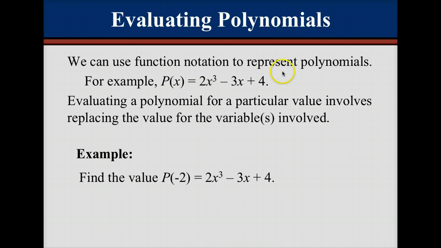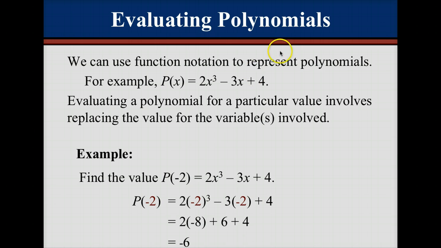So if we're going to evaluate this function for negative 2, we're going to find p of negative 2. That means wherever there's an x, we're going to substitute in a negative 2. We're not going to do anything with this other than it shows us what we're evaluating for. So this function evaluated for negative 2 equals negative 6.